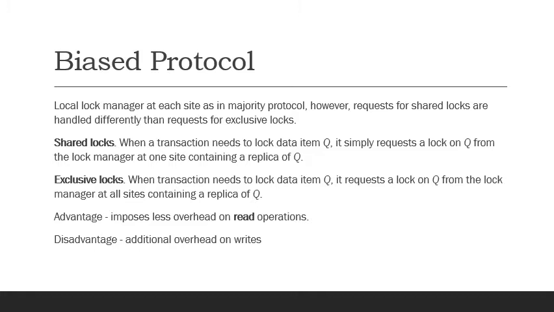Shared locks: when a transaction needs to lock data item Q, it simply requests a lock on Q from the lock manager at one site containing a replica of Q. In case of exclusive locks, when a transaction needs to lock data item Q, it requests a lock on Q from the lock manager at all sites containing a replica of Q. Advantages are it imposes less overhead on read operations, while the disadvantage is additional overhead on writes.